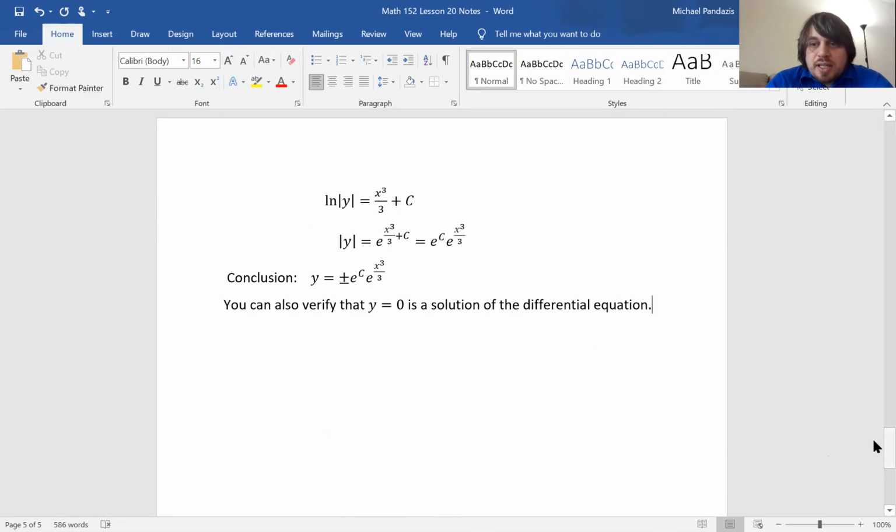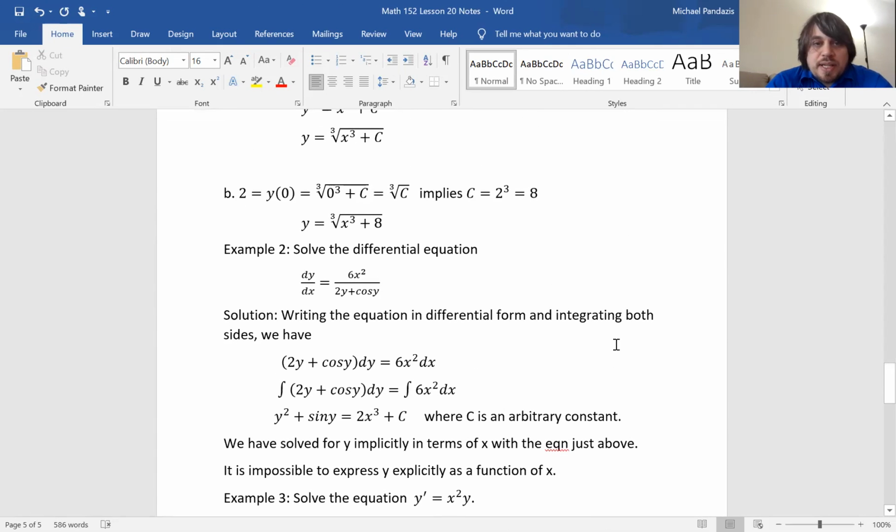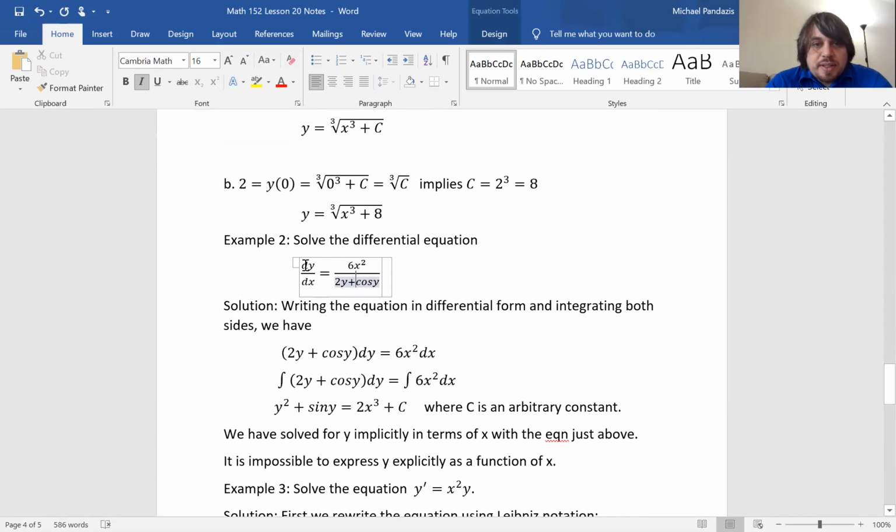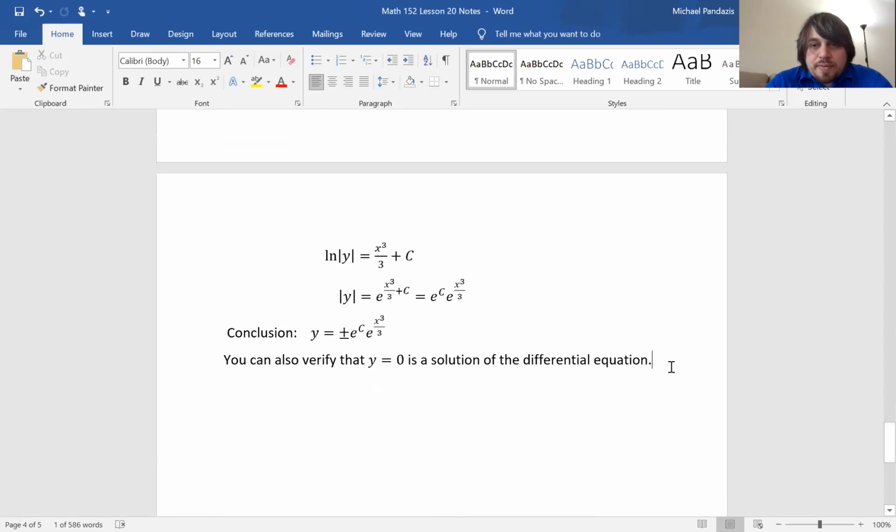Okay, this is our differential equation. So it's a solution of this differential equation.